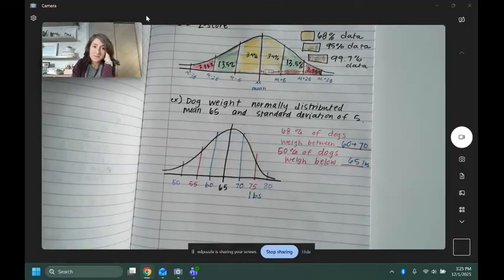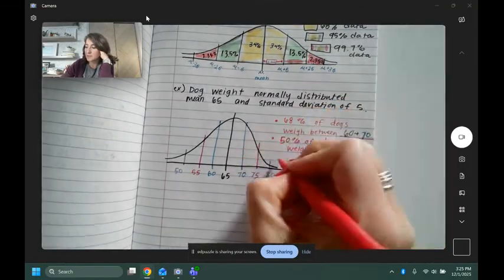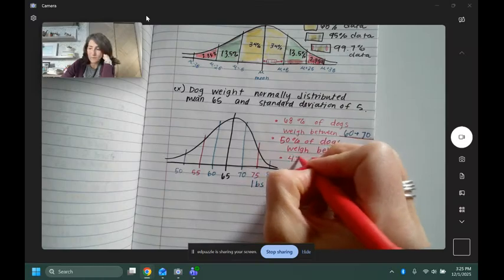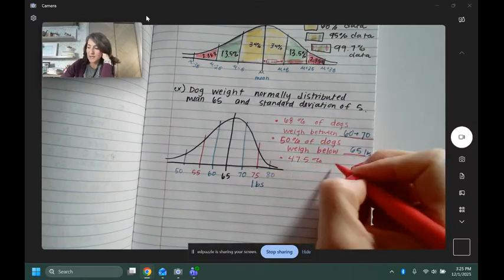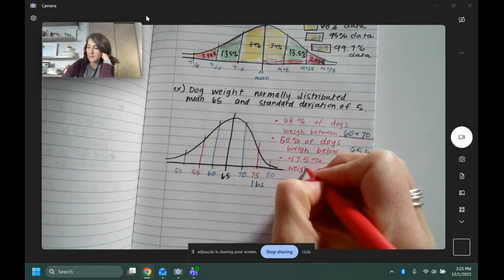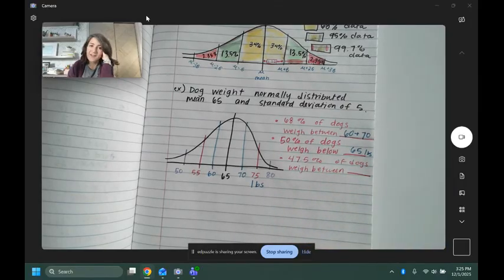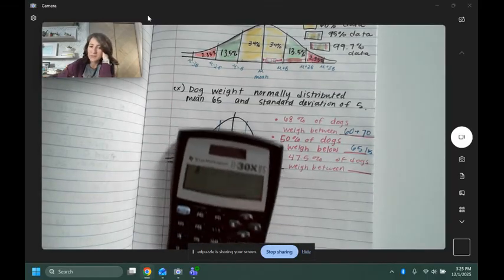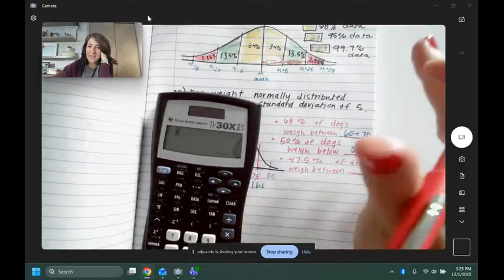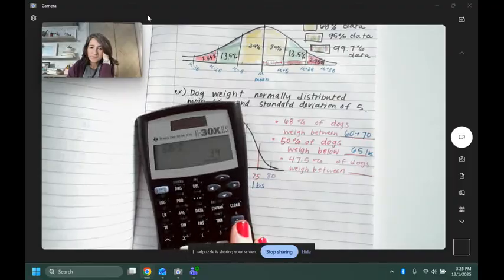But I can also get some numbers that you might not recognize, right? What if I said 47.5% of dogs weigh between what? 47.5, I don't necessarily recognize that number. It's close to 50. But using the numbers that I've got, 68, 95, 68 divided by 2 is 34.